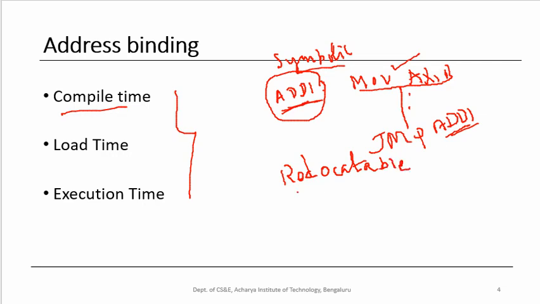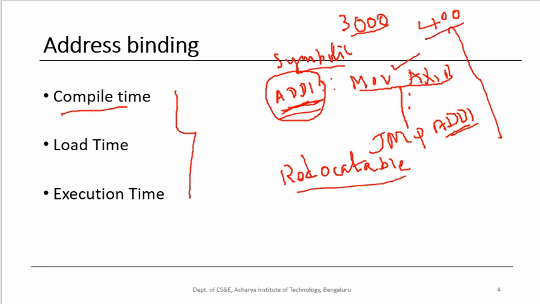I will tell you. Now, for example, if this program starts at an address, let's say 3000, and this add 1 instruction is at an offset of 400 from the beginning.